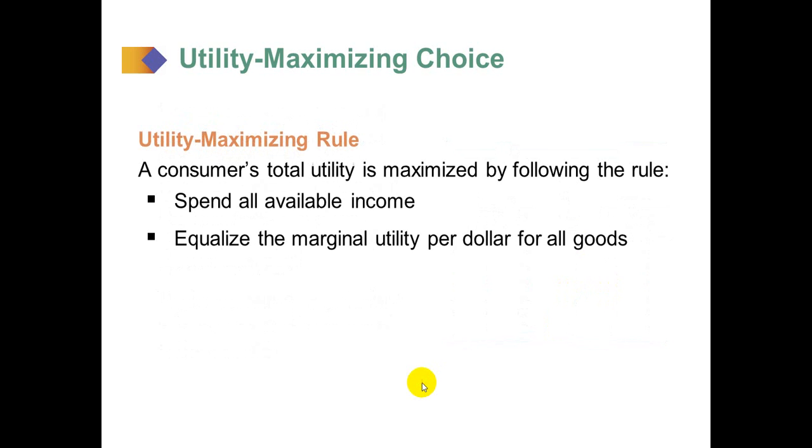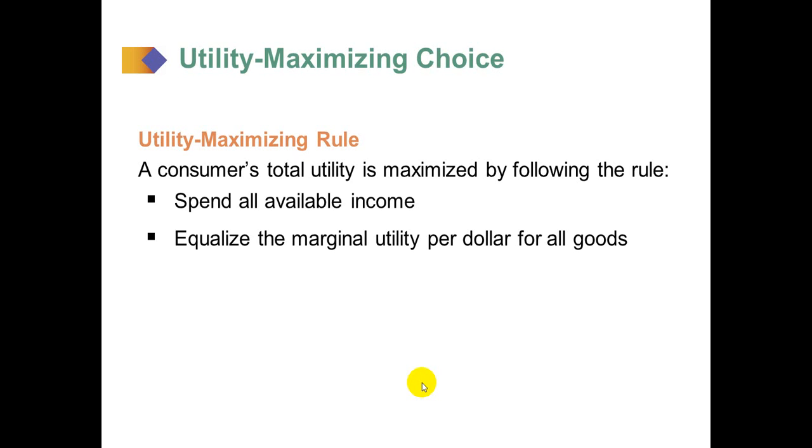So what is the rule of maximizing utility? A consumer's total utility is maximized by the following rule, my dear students. Spend all available income, so our savings here equal 0. All of our income should be spent.